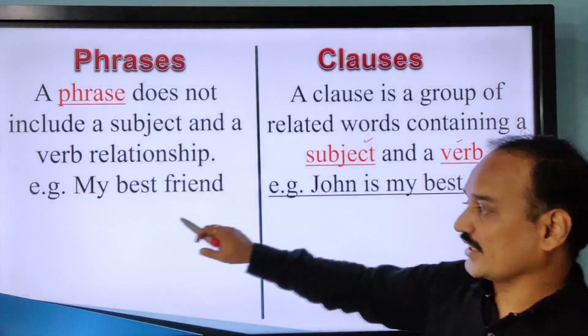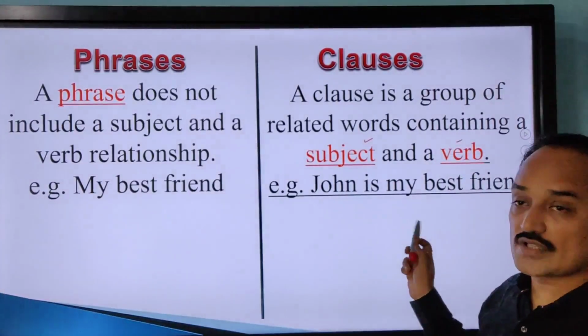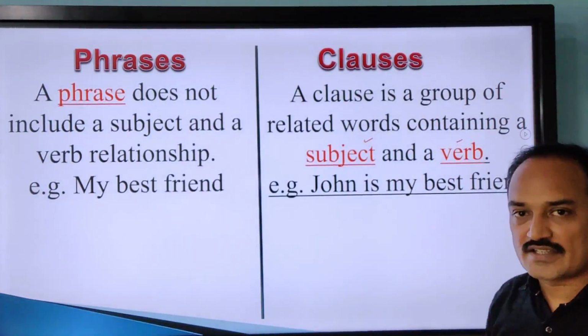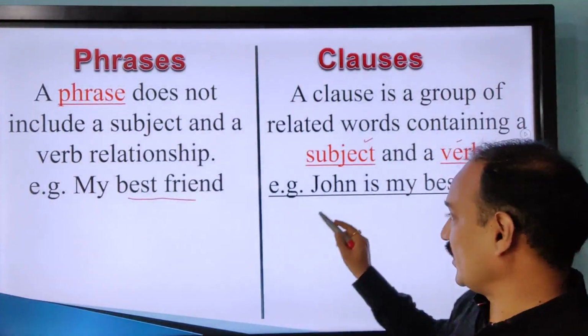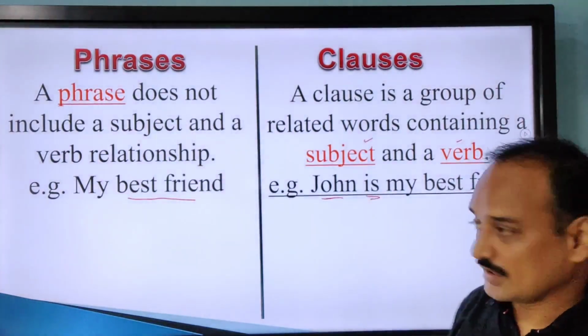If we take one example, "my best friend" is a phrase, and for a clause, "John is my best friend." You can very easily understand that here there is no verb, but here John is the subject and the verb is also there. Correct?